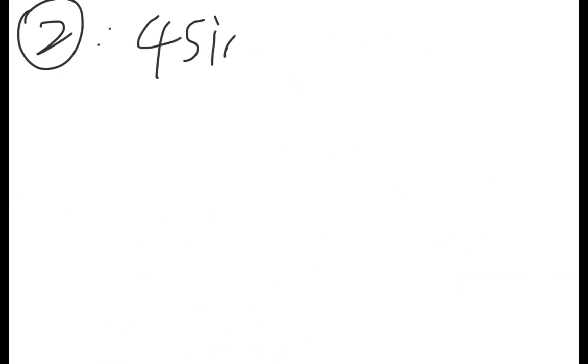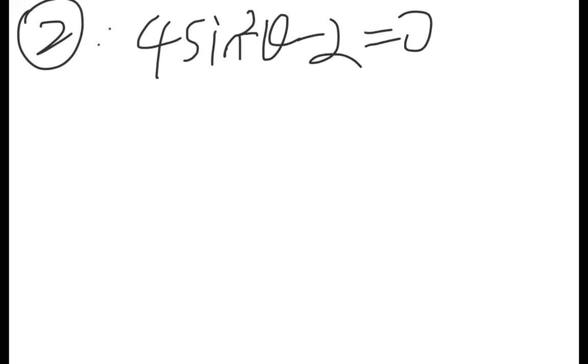All right. Next one, you have 4 times sine square of theta minus 2 equal to 0. So in this case, you have the square of the sine, which is hard to deal with.